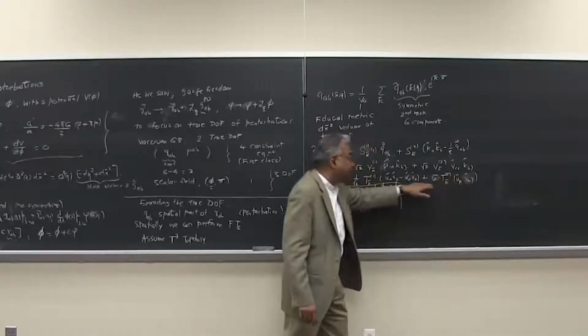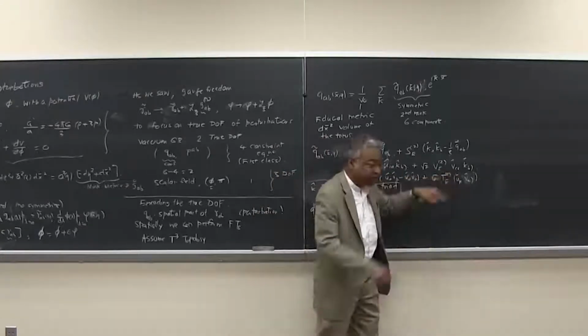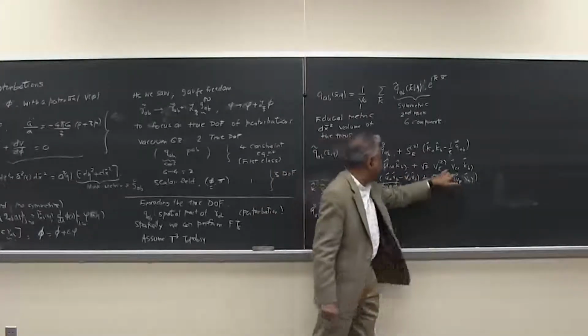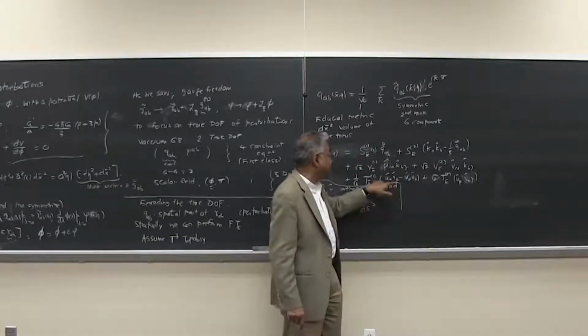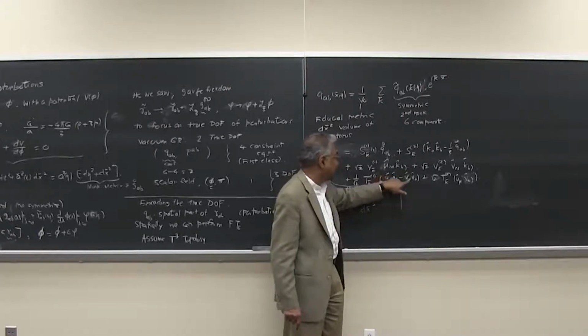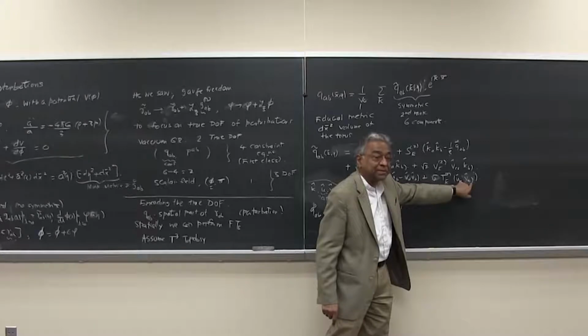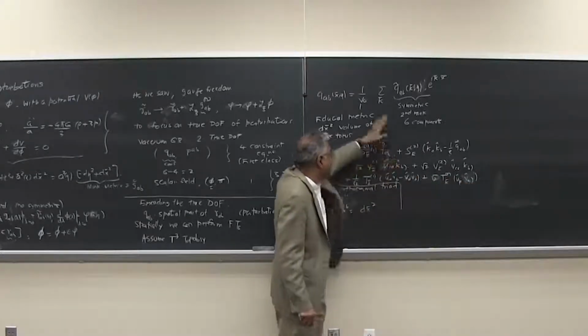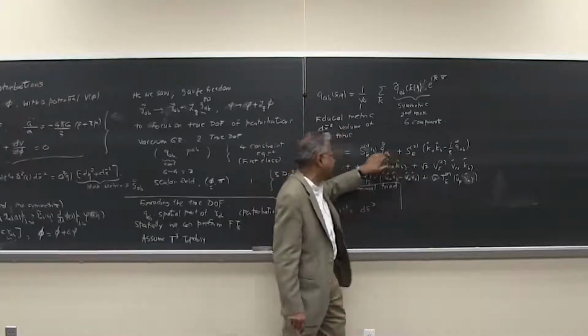Everything else I have written down up here is trace-free, because if I contract these two indices, I get 0, because V is tangential, K is radial, and U is tangential and K is radial. And similarly here, if I take the trace, since U is unit, this minus this, trace of this will be 0, and U and V are orthogonal, trace of this is 0. So what we have done is we have taken the trace part out, and then what is left, therefore we get two objects which are scalar modes.